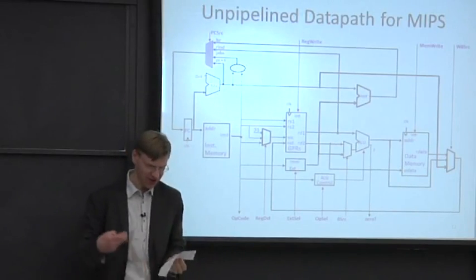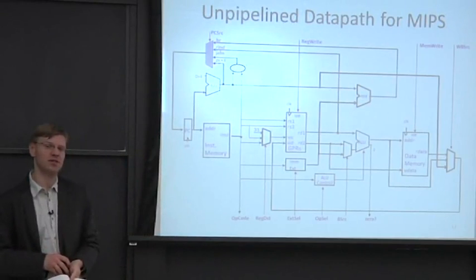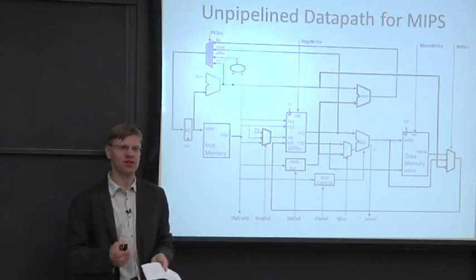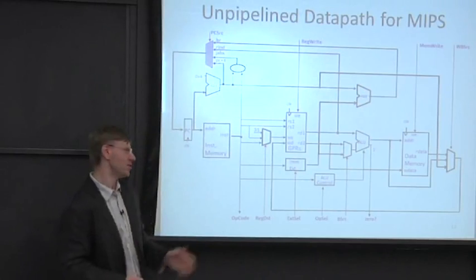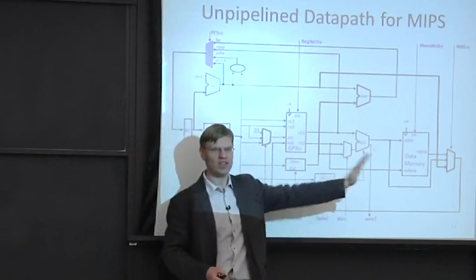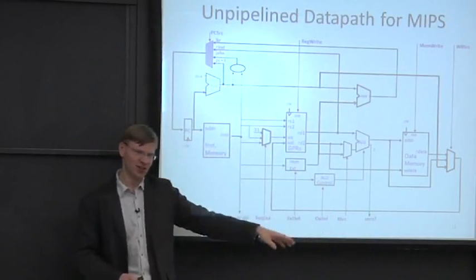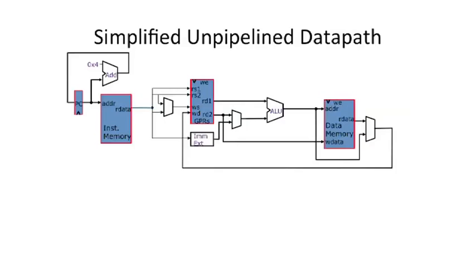So this is not great from a cycle time perspective. It is good from the perspective of the number of cycles per instruction. It's always 1, because you launch an instruction and wait till it's done. Then you launch the next instruction, and each instruction takes one cycle.